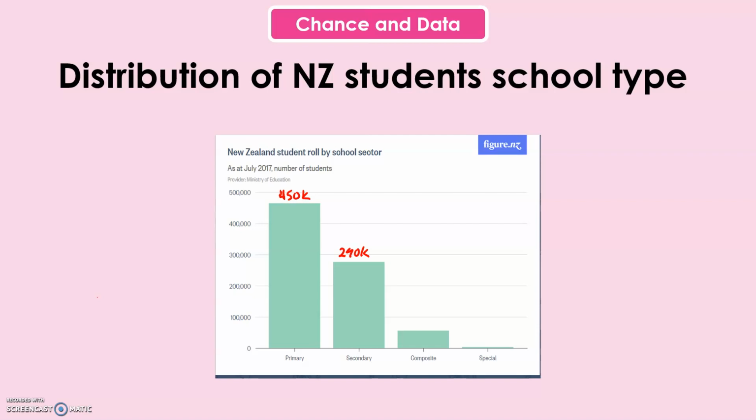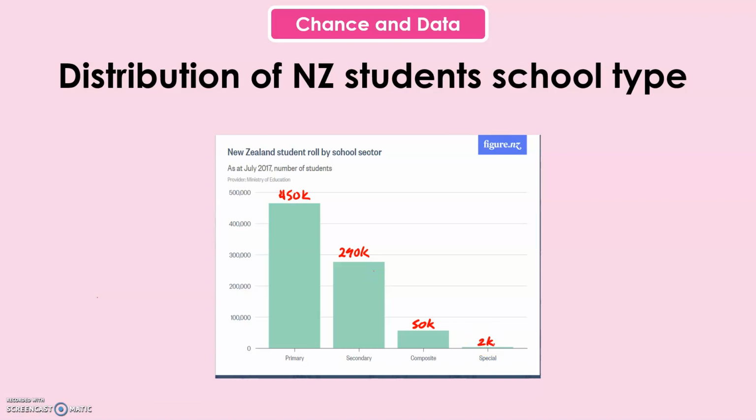So if we change this to a probability question, if I randomly chose a student, it's more likely that they'd be a primary school student than a secondary school student. Or we also have composite schools, which is about 50,000, and a special school, which is about 2,000.